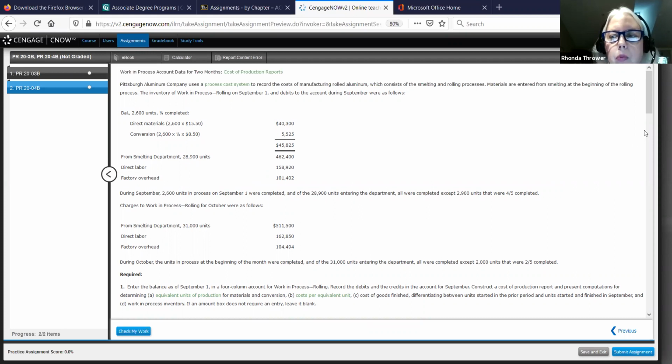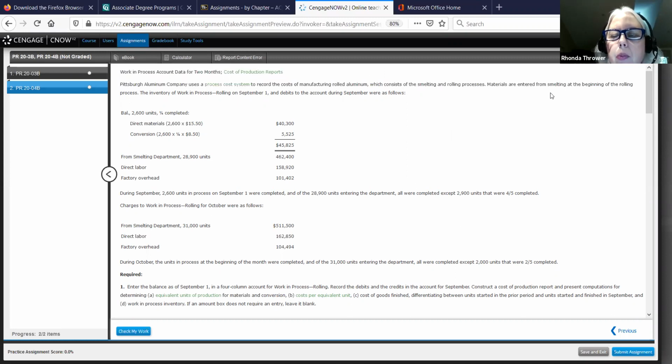In this problem, we're going to be doing two cost of production reports, one for the month of September and one for the month of October. And we're going to be the Pittsburgh Aluminum Company, and we're using a process cost system to record the cost of manufacturing of rolled aluminum, which consists of the smelting and the rolling processes.